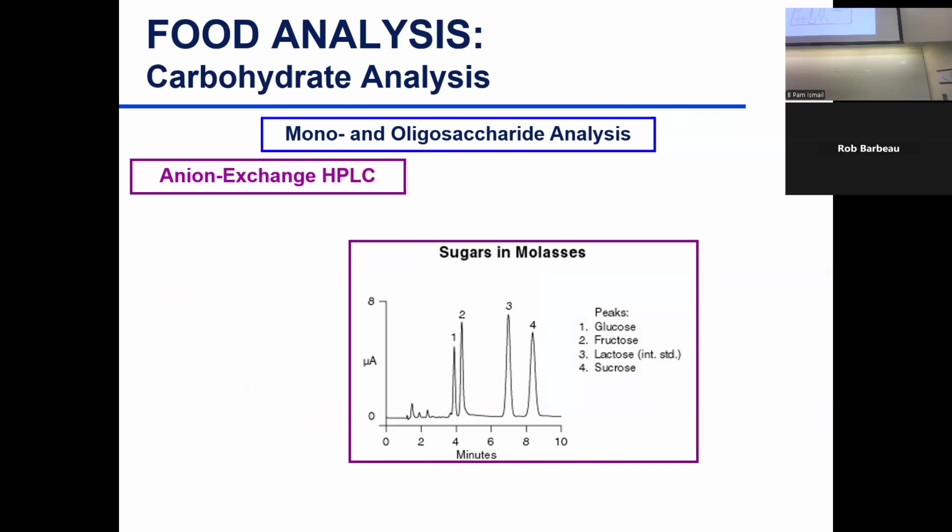So the more H is lost, the bigger the sugar molecule and more ability to lose a proton at a particular pH, the more interaction you have with the column. So this would be the order of elution.